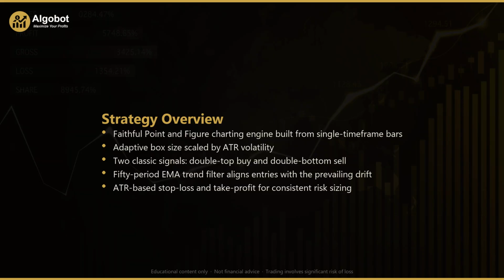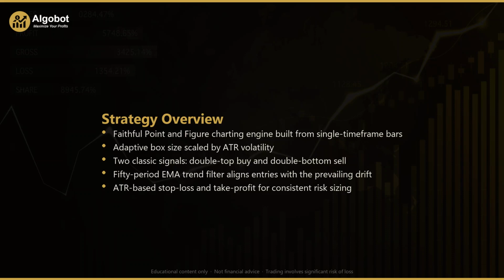Price is divided into fixed-size blocks called boxes. As long as price keeps pushing in one direction, the chart simply extends the current column, a column of X's for up moves and a column of O's for down moves. A brand new column only begins when price reverses by a set number of boxes. This quietly distills messy, noisy price action into clean, alternating up and down columns.